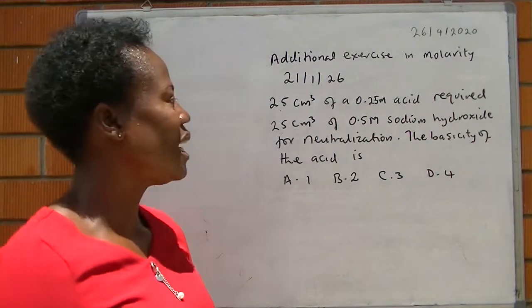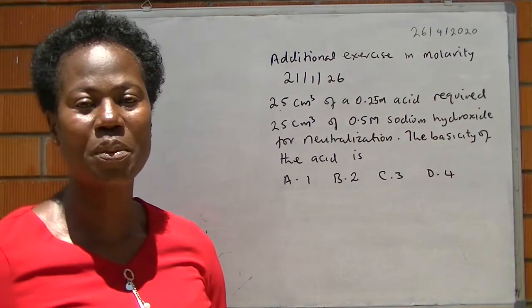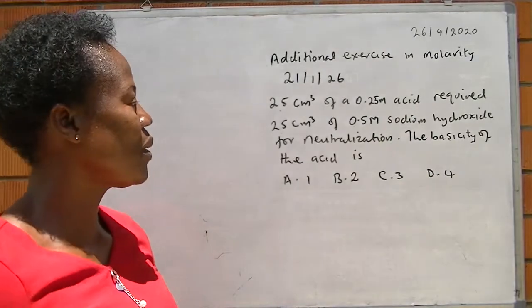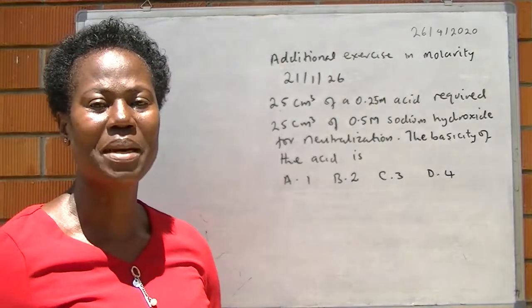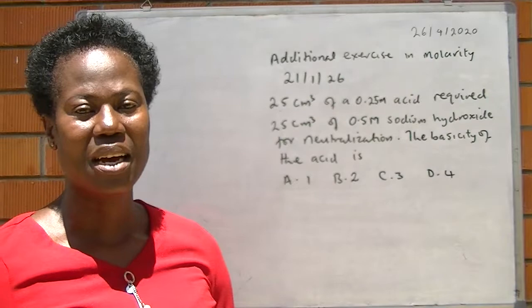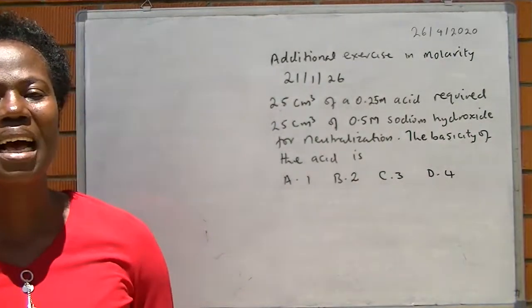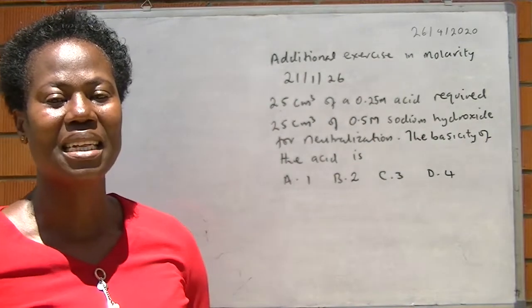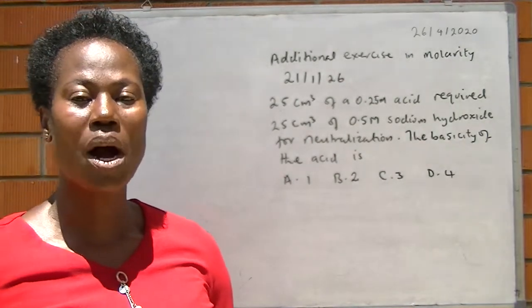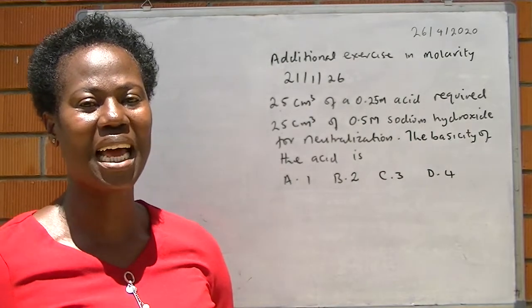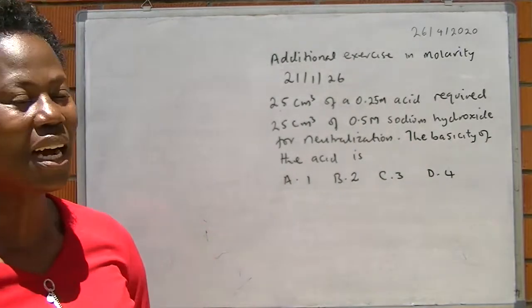I told you we can use molarity to obtain whatever is required by the examiner. This time we are requested to determine the basicity of the acid. What is basicity of an acid? These are the number of hydrogen ions that can be obtained from 1 molecule of an acid. So let us see how many hydrogen ions are in this reaction.